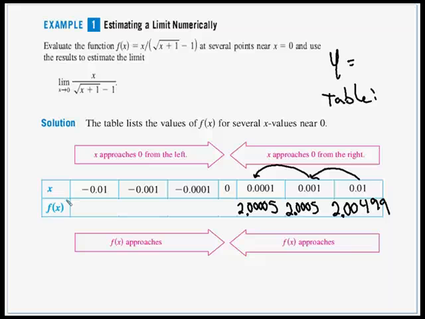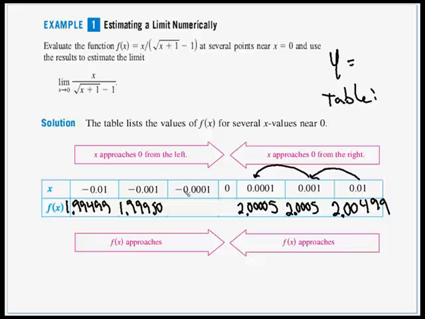If we approach from the other side, from numbers just under 0, these smaller negative numbers, if I plug in negative 0.01, my output value is 1.99499. And if I plug in this next negative x value, negative 0.001, I get 1.99950.